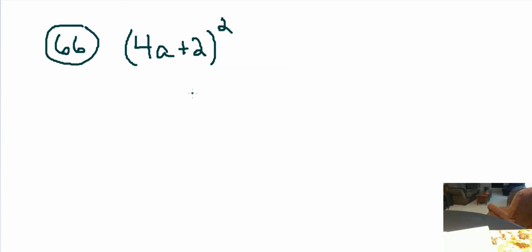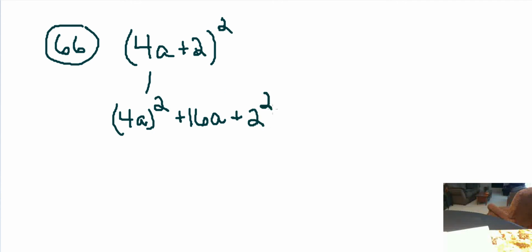All right, here's one more on problem 66, just under the mixed practice section. So whatever your pleasure is to solve this. Since we're in special products, it'll be the first term squared, 4a squared, plus the middle term, which is 2 times 2, which is 4. 4 times 4 is 16a, positive of course, and then the last term is going to be the 2 squared.